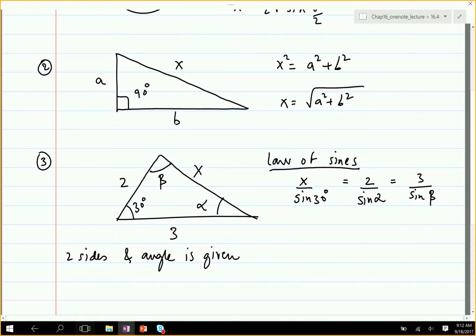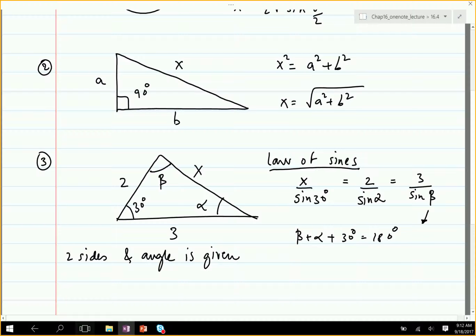Now, this by itself will not directly help you solve for x, but in principle you can find beta. Beta plus alpha plus 30 degrees is 180, right?